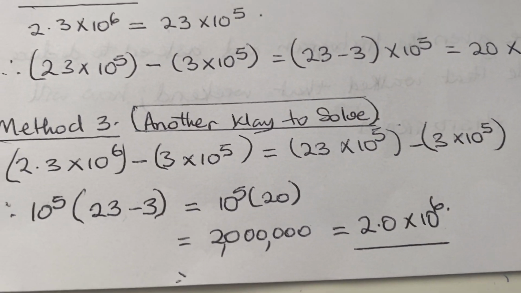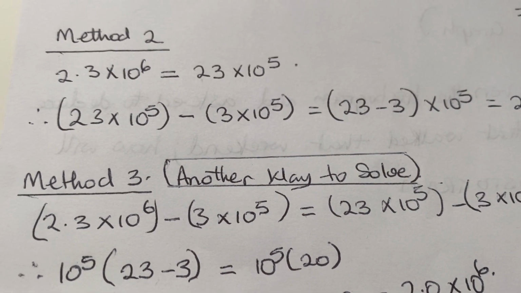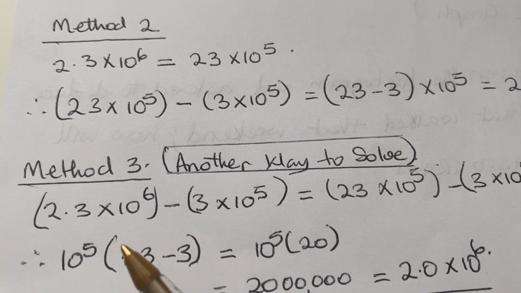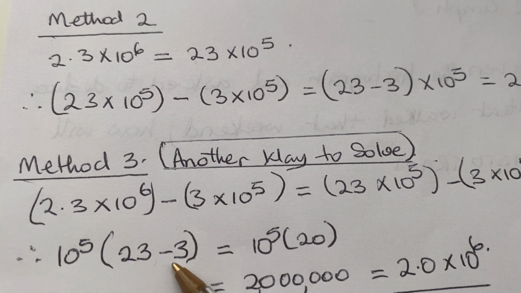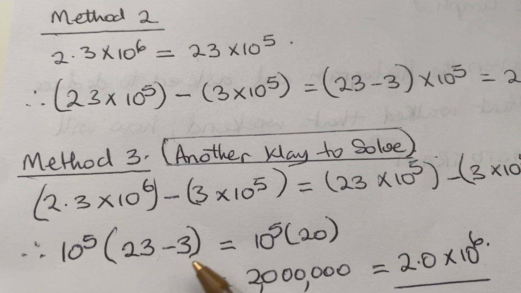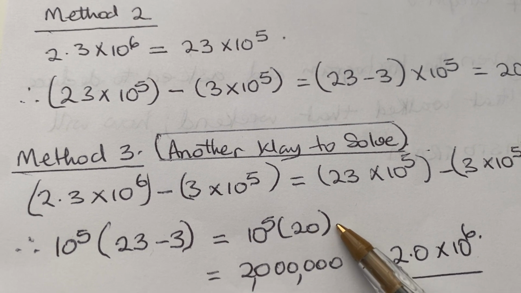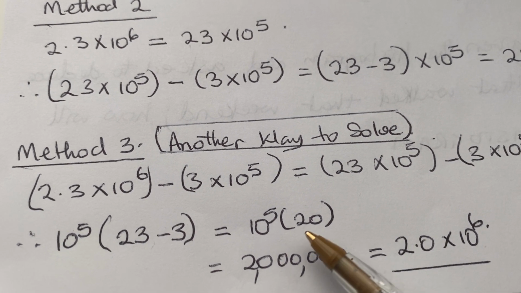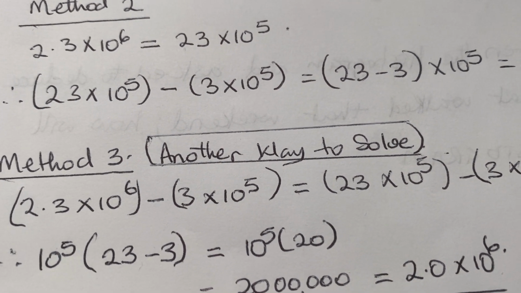And then the third one is first of all changing the powers to the same so that you can have the integers on their own. Okay, and then now that you have 10 to the power 5 times the bracket 20, you can add the zeros back and then convert.